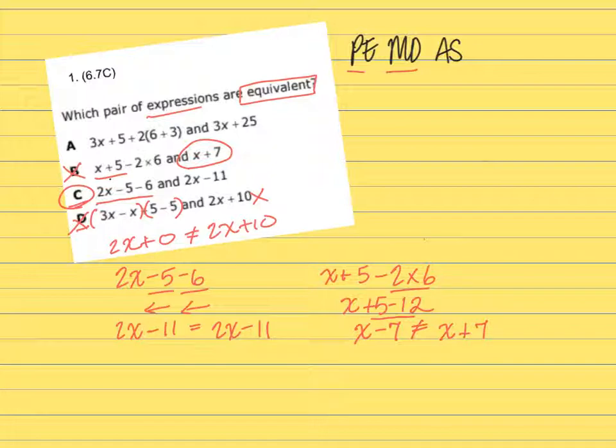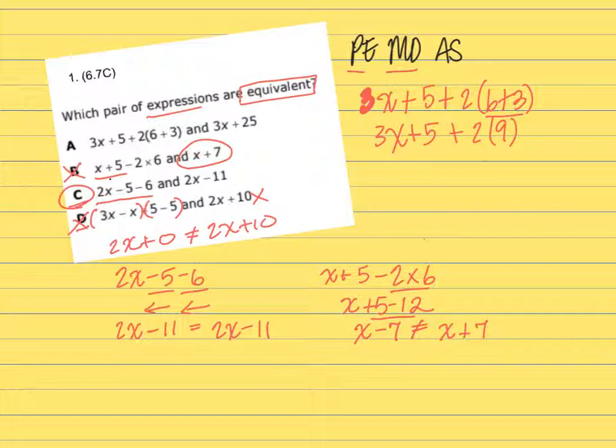Okay, let's look at answer choice A. Answer choice A starts with 3x, and that's 3x plus 5 plus 2 times the quantity 6 plus 3. So following PEMDAS, we look at parentheses first. 6 plus 3 is 9, times 2.